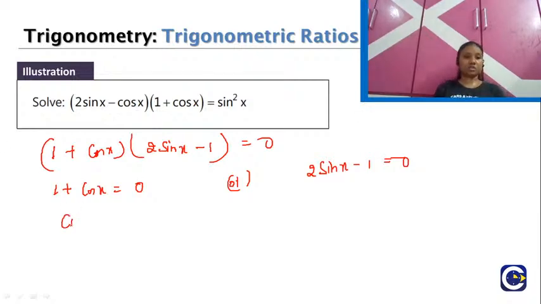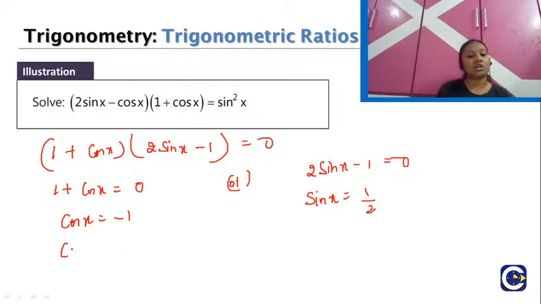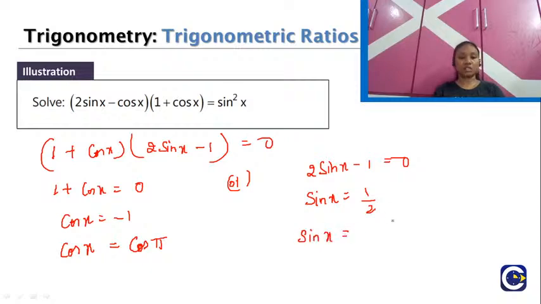So from here cos x will be equal to minus 1 and from here sin x will be equal to 1 by 2. So now we can write our solution. Our cos value is minus 1 at 180 degrees, so cos pi. And our sin value is 1 by 2 at 30 degrees, so sin pi by 6.